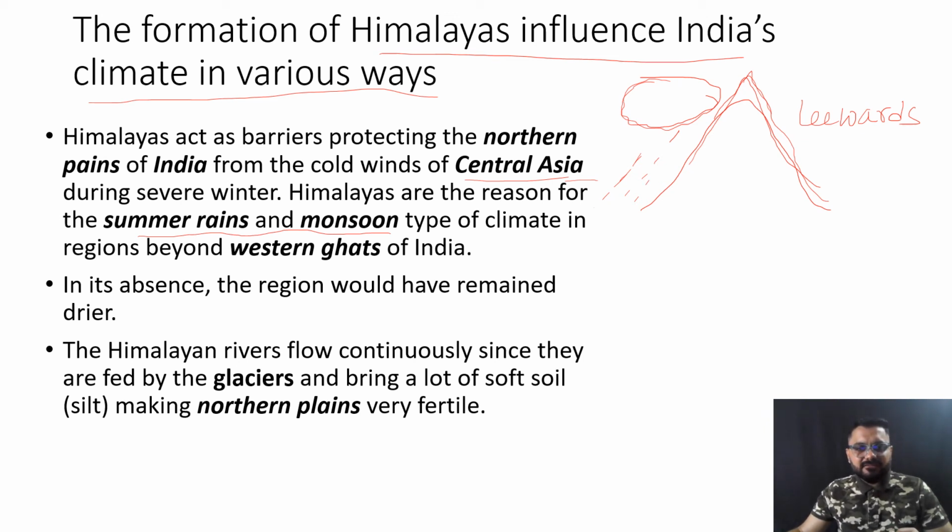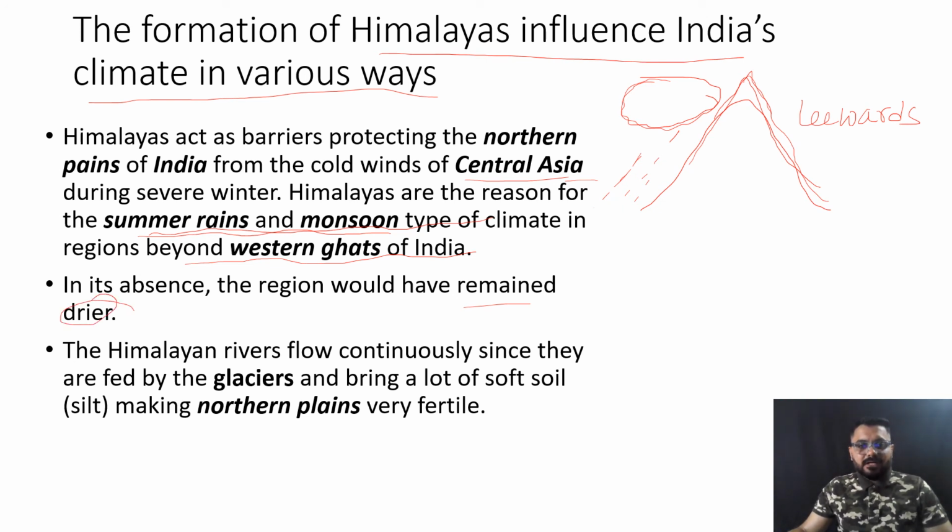That is the reason why we have summer rains and also monsoon type of climate in regions beyond Western Ghats of India. In its absence, the regions would have remained drier. Now imagine if there were no Himalayas here, what would have happened? These clouds would have surpassed the Indian border, and it would have left the Indian territories drier.